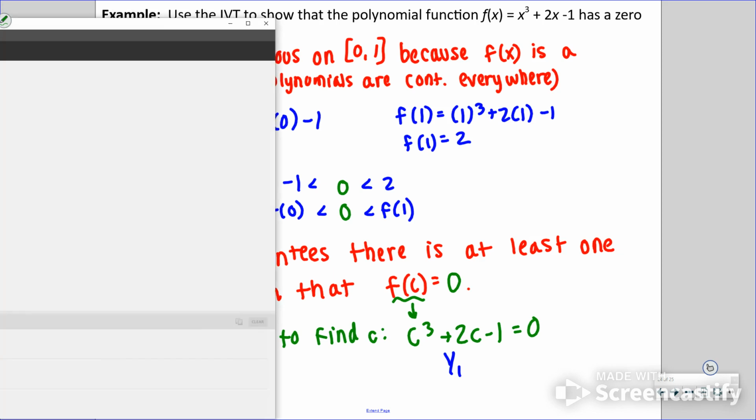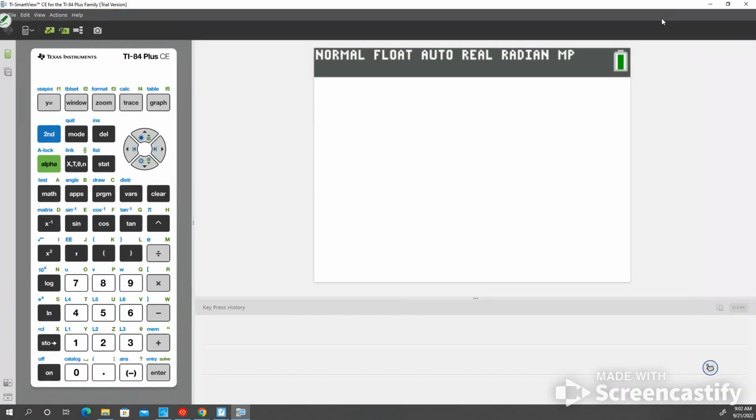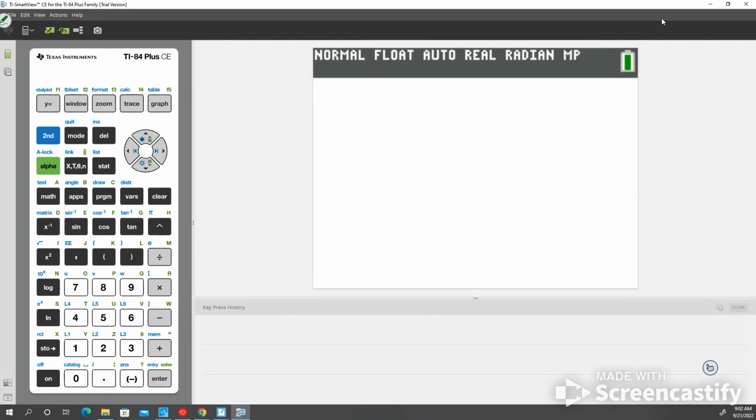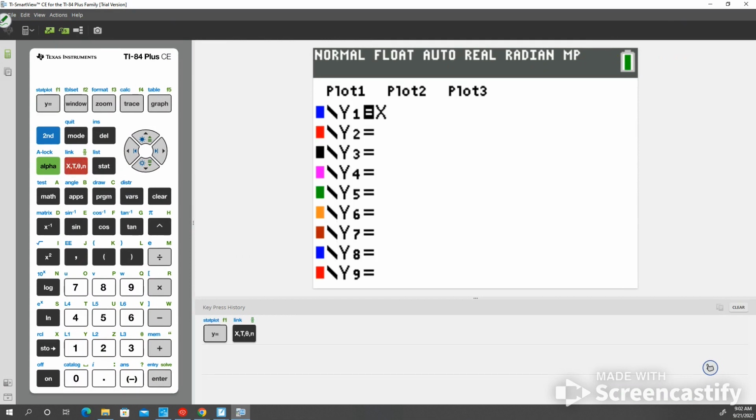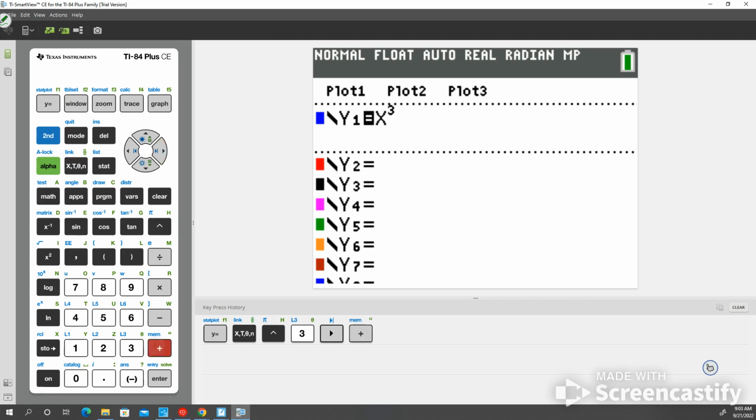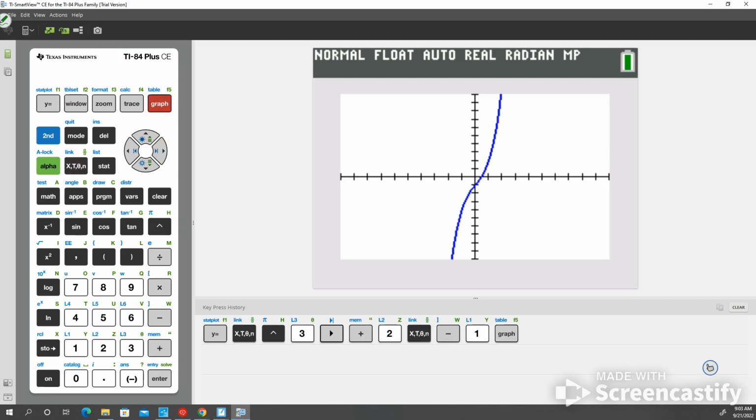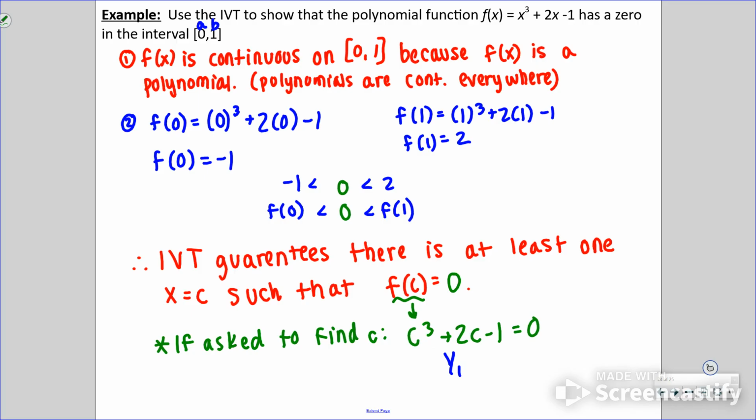Is there more than one? No, there's just one. Obviously, we're only looking for the one that's on the interval 0 to 1. All right, so is it x cubed plus 2x minus 1? Okay. All right, so we want to figure out when that equals 0.